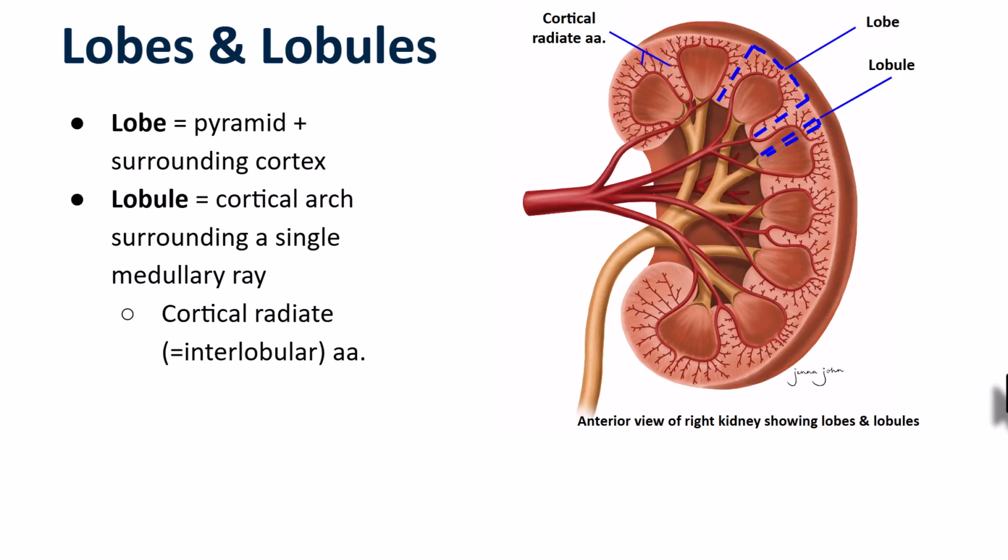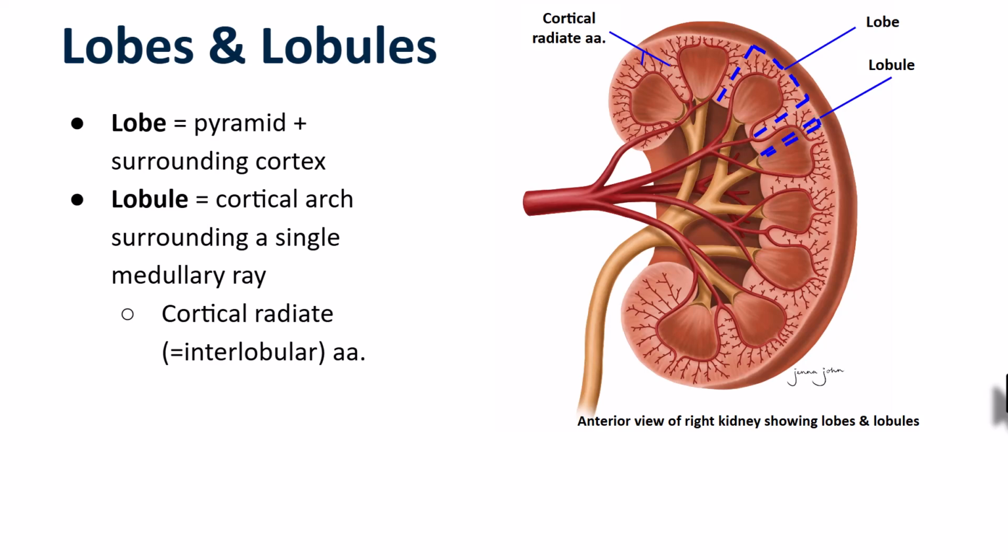And a lobule is a little less intuitive from an anatomical perspective, makes a little more sense from a histological perspective, and that is a little bit of the cortical arch that surrounds a single medullary ray. And these medullary rays are visible with light microscopy.